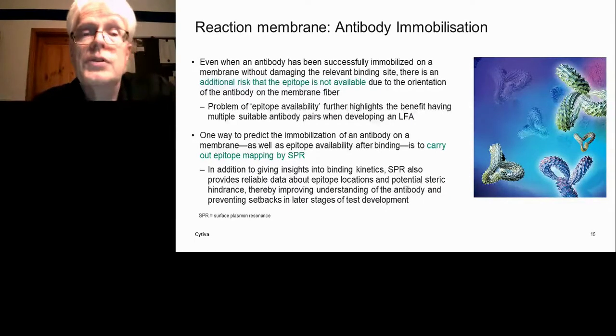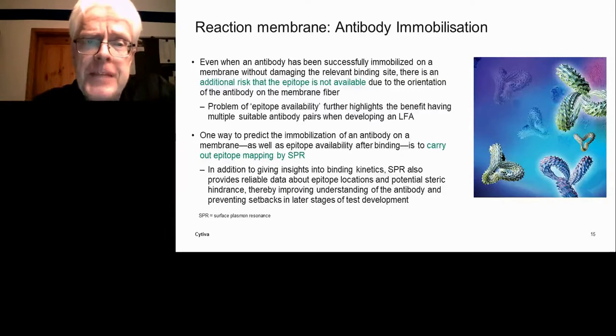And the second question is, how close are the two binders to each other once they bind to your target? If they are too close, you will run into trouble with steric hindrance, especially in membranes. That can easily happen.